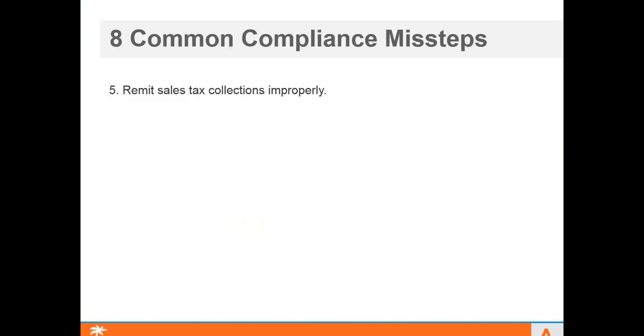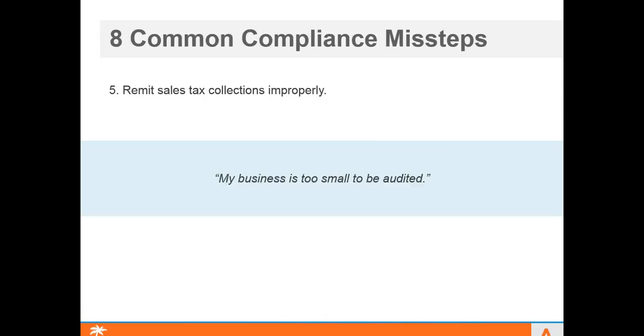Number five, we remit sales tax collections improperly. My business is too small to be audited. The last thing you want to do is put yourself in a situation where you feel like you'll just slip through the cracks. A lot of times, states have a formula for selecting businesses, and those aren't disclosed. States often base audits on sampling of tax returns. However, other processes and patterns can cause closer scrutiny.